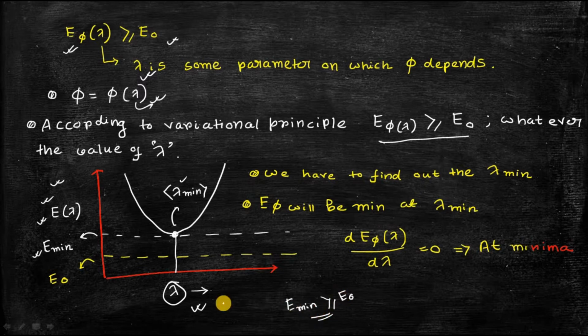So this energy value is the best possible energy we can determine from this type of trial wave function, the best representation of the ground state energy for that system.